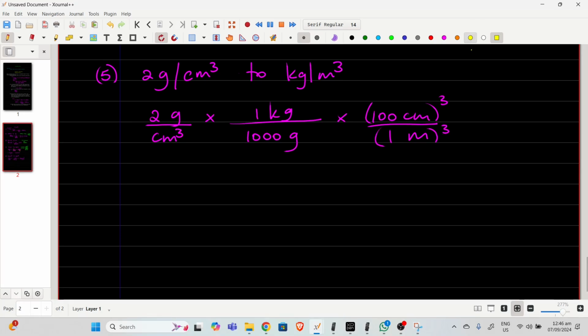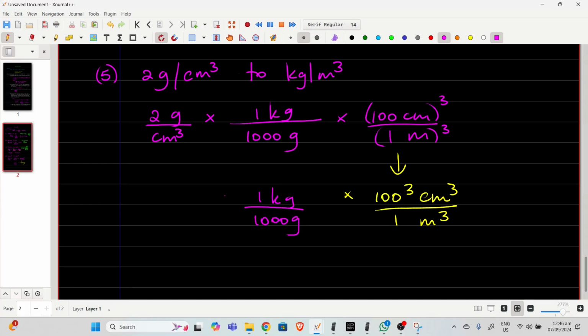If I rewrite this here, you're going to see that what I get is 100 raised to the third power cm cubed divided by 1 meter raised to the third power. So notice now I was able to introduce this unit without having to worry about knowing all of them.